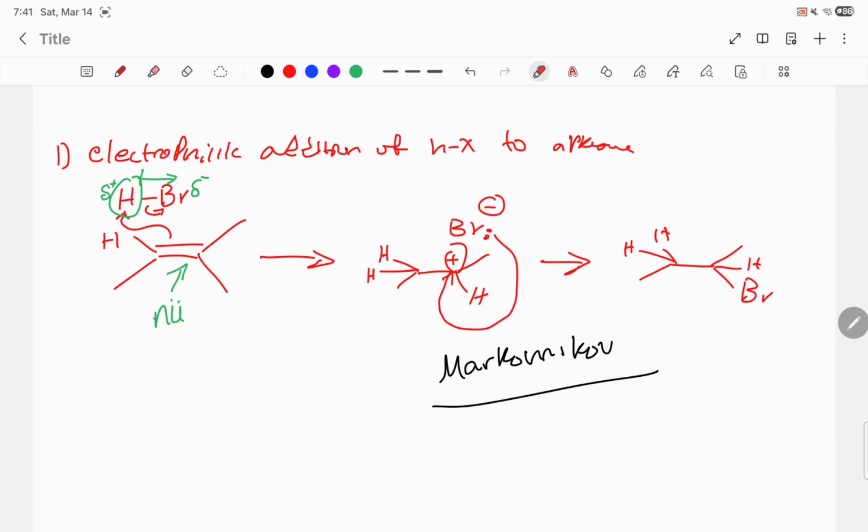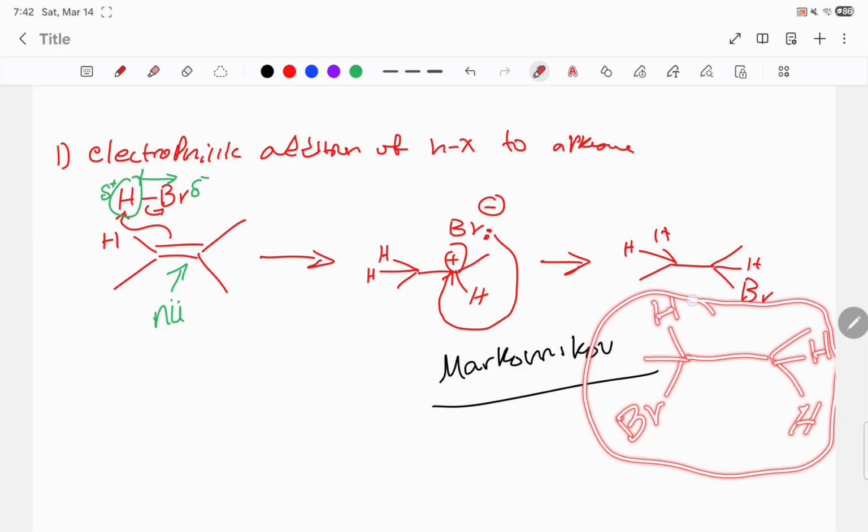Meaning that you get a specific regioisomer. All right, regioisomer refers to a specific constitutional isomer of a molecule that you get out of a reaction. Okay, so this and this are exactly the same chemical formula. These two are both the exact same chemical formula. The only difference between them is that in this molecule, the Br is here, and in this molecule, the Br is here.